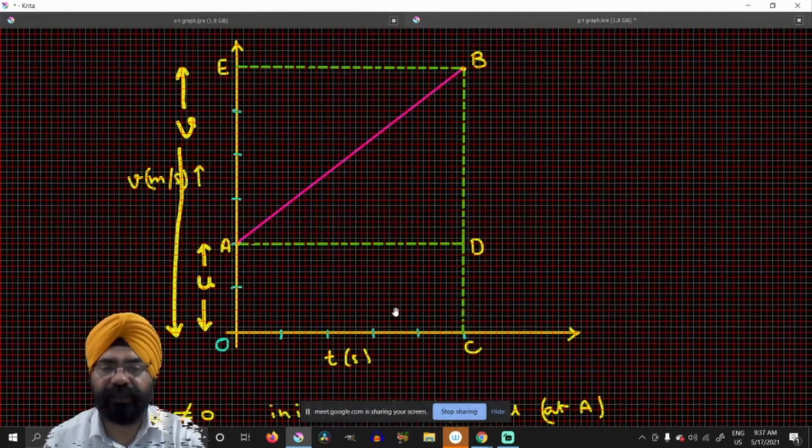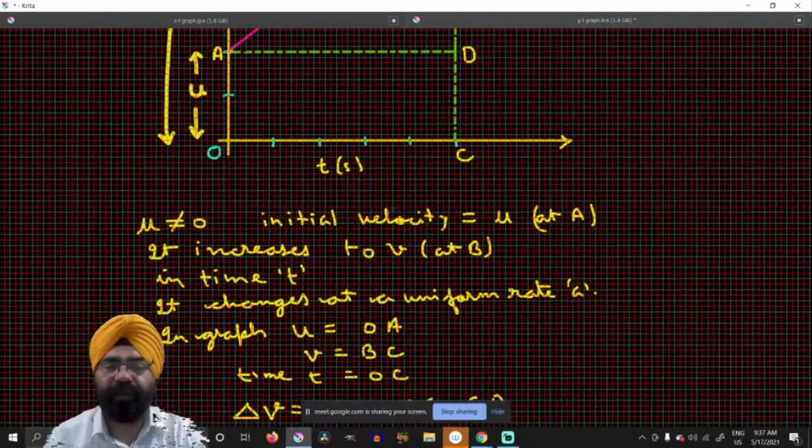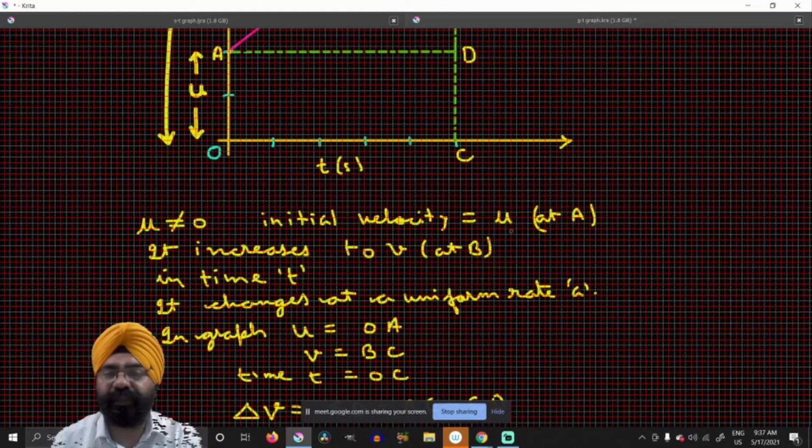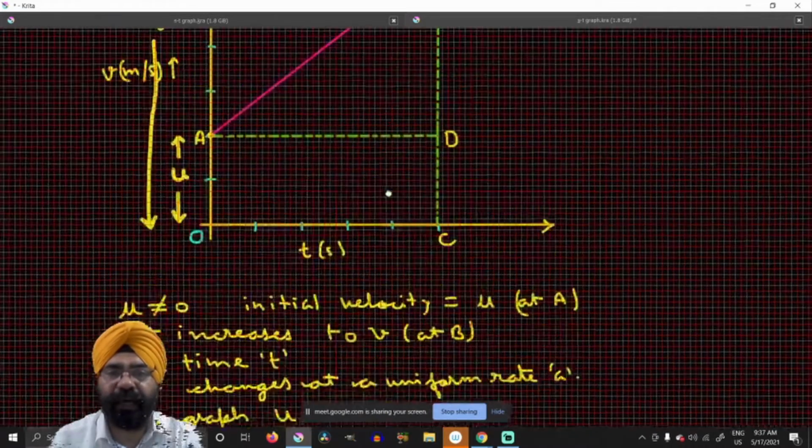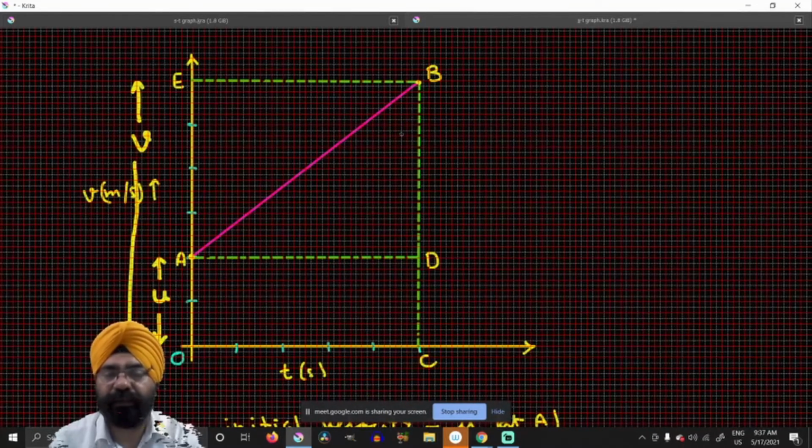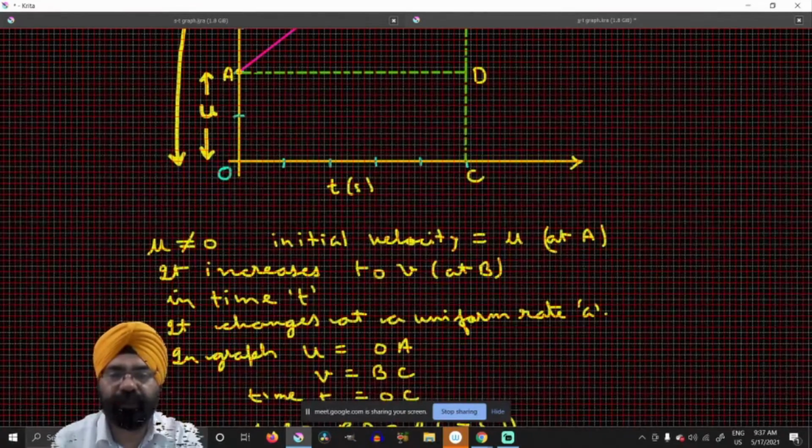So let's have a look at the description. We know that initial velocity is equal to u, that is at position A over here, and it increases to v at position B over here, right? And it took time t, which is equal to OC, right?